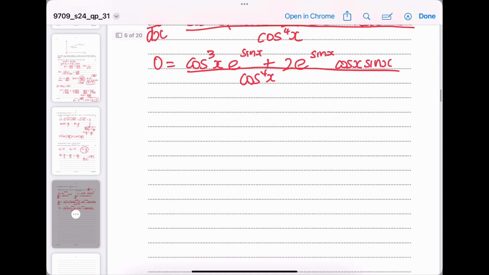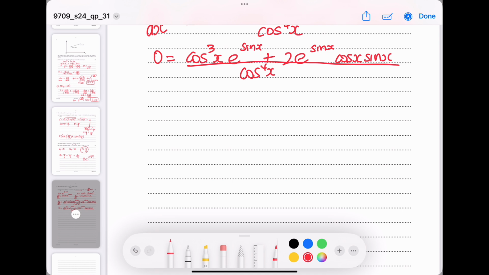So when we rearrange this to find 0, we bring the cos to the 4x up here, which means that disappears, becomes 0. So we're trying to then find 0 is equal to cos cubed x e to the sine x plus 2e to the sine x cos x sine x.